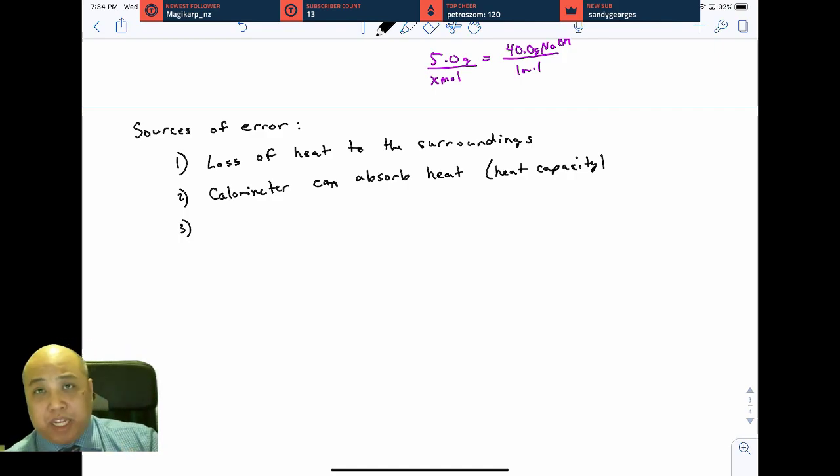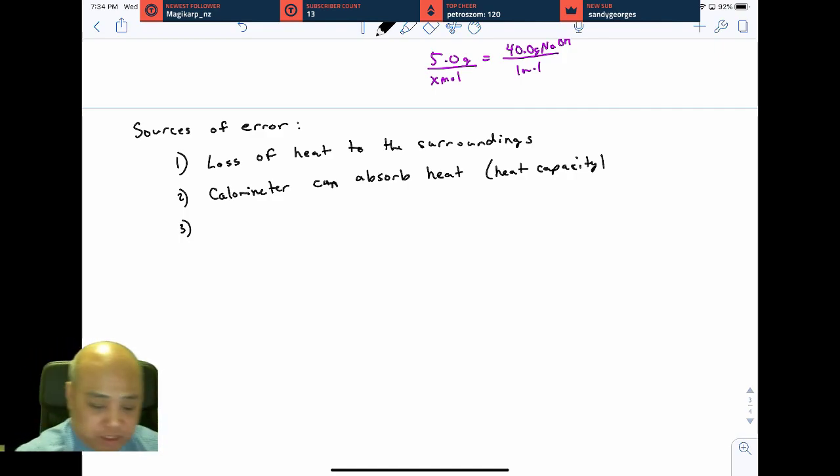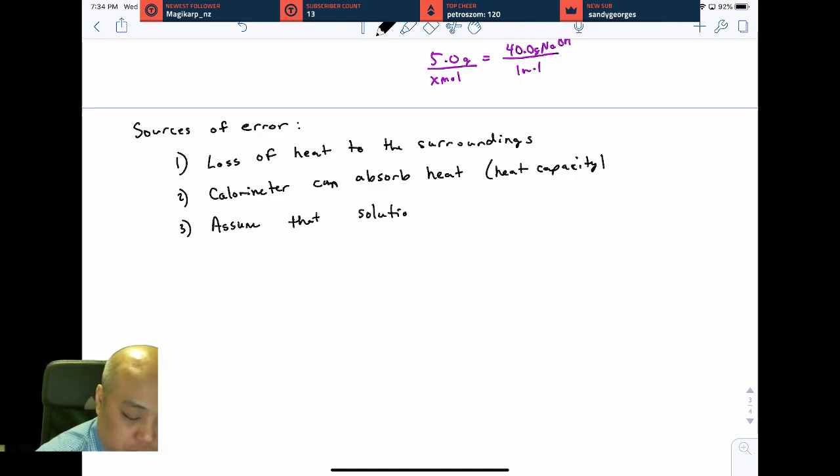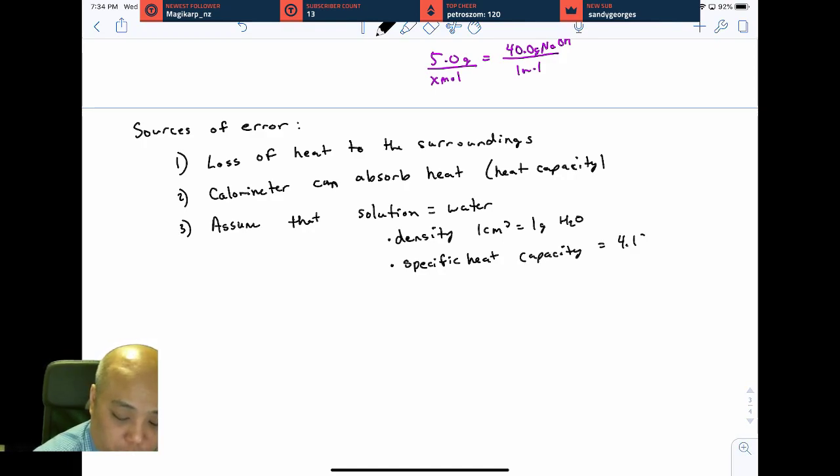Okay. 3, this one's kind of nitpicky, but it is something that you use in your calculations. You usually assume that solution essentially equals water, whether it's in density. That's why you can assume that 1 centimeter cubed is equal to 1 gram of water, and also specific heat capacity, which is 4.18 joules per gram degrees Celsius.